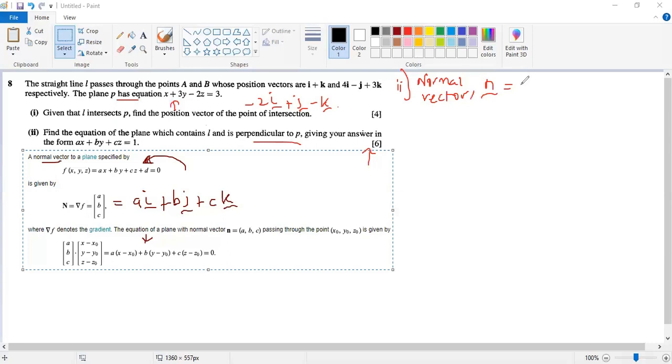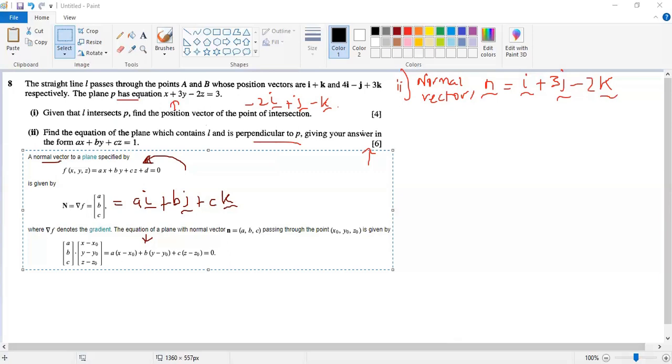A is 1, so I put an i. B is 3, so I plus 3j, and the coefficient of z is minus 2k. We don't care about the d on the other side. The d is not a thing at all. So the normal vector on this plane will be i plus 3j minus 2k. Repeat that: i plus 3j minus 2k.